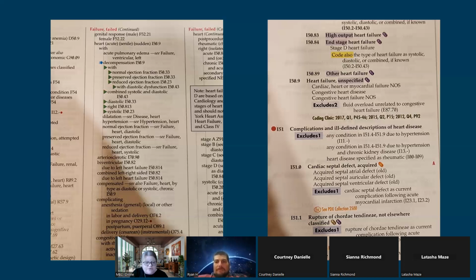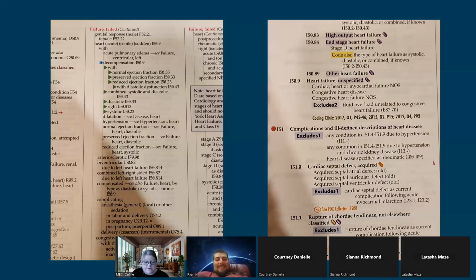Is it telling us to use E87.70? No, it's saying don't use it. Excludes notes, Excludes1 and Excludes2, mean do not code this together. So you would code I50.9. Okay, now I'm confused about the excludes note.